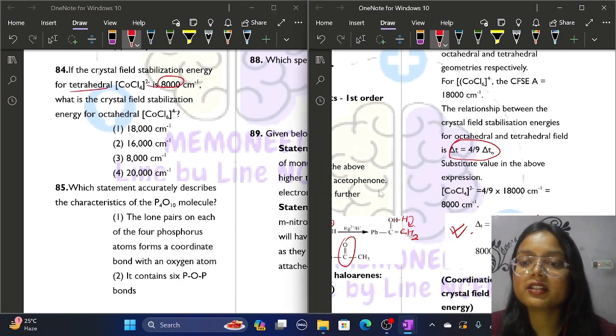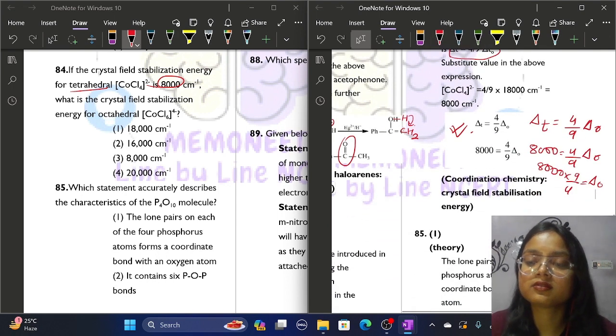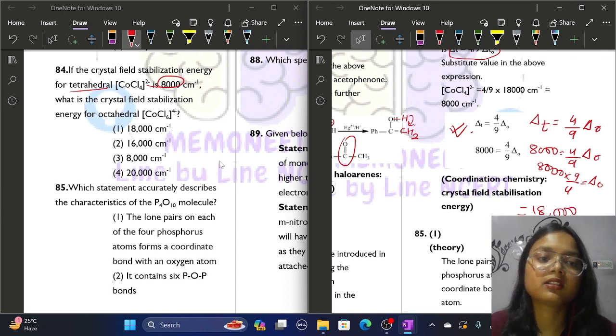So 8000 is equal to 4/9 delta O. So 8000 into 9/4 gives delta O, and the answer comes out to be 18,000. Here, the first one is the answer.